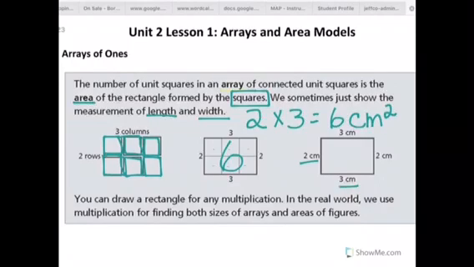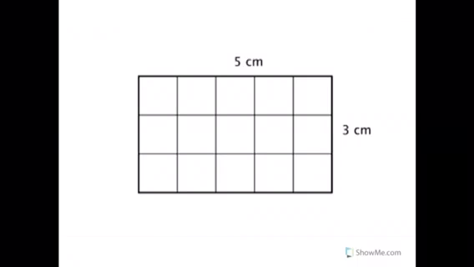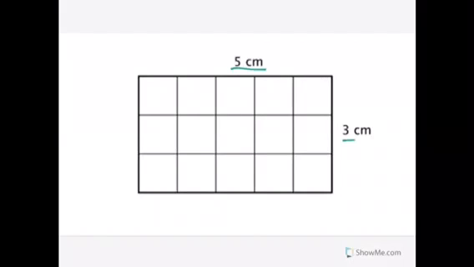You can draw a rectangle for any multiplication. In the real world, we use multiplication for finding both sizes of arrays and areas of figures. In this example, we have used grid paper to show the area of a 5 by 3 rectangle.